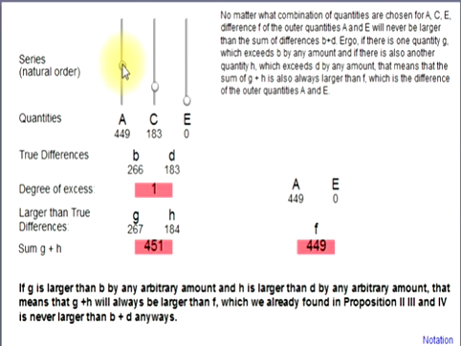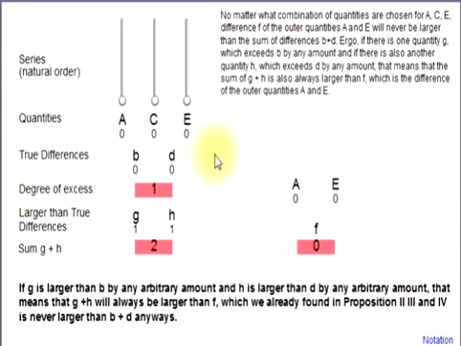As in the earlier Proposition 4, we have these three little sliders which should represent the elements of a series containing those three elements. And we said in Proposition 4 that the difference between the outer quantities A and E, which we call F, is never going to be larger than the sum of all differences within the series.